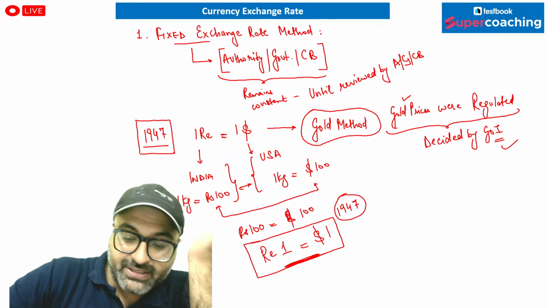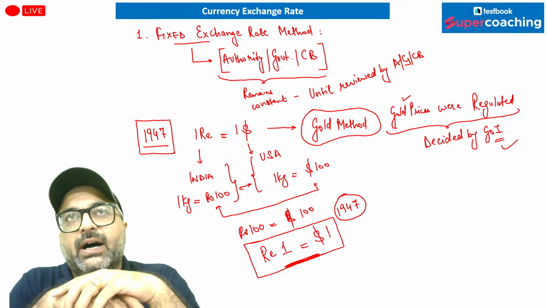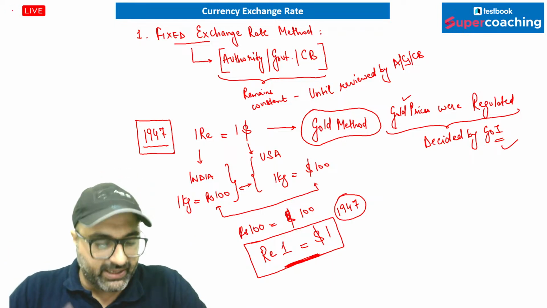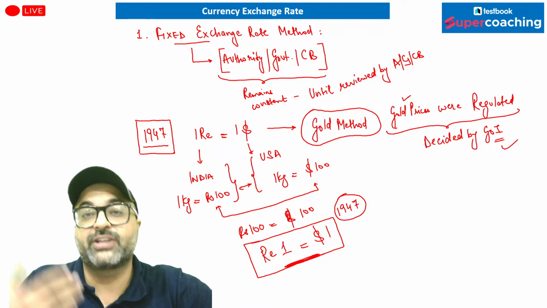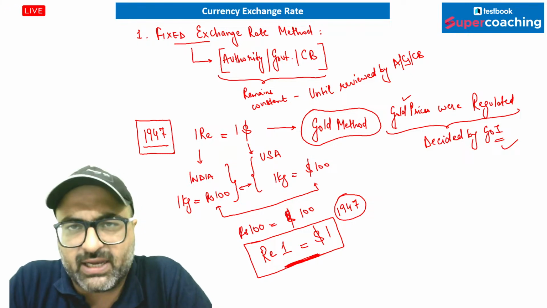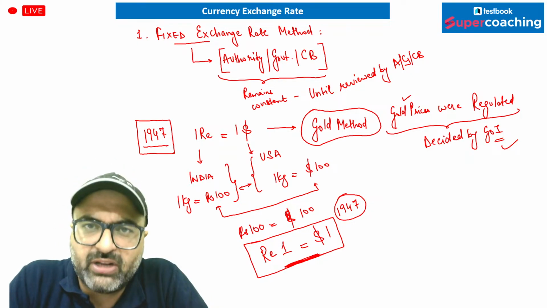In 1947, when India got independence, the Indian authorities were trying their level best to grow, to expand, to achieve high growth rates. In order to achieve those targets, they wanted to import machinery from other nations.